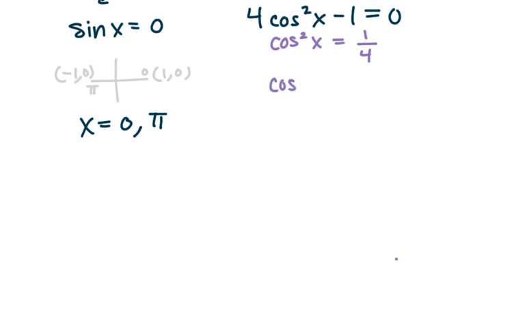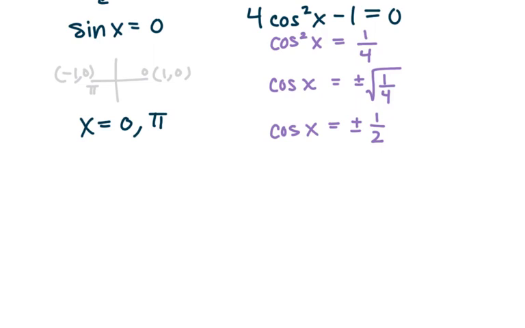Taking the square root of something that is squared, that's going to leave me with just cosine x on the left and plus or minus the square root of 1/4 on the right. The square root of 1/4 is 1/2. Square root of 1 is 1. Square root of 4 is 2. So I have cosine x is plus or minus 1/2.